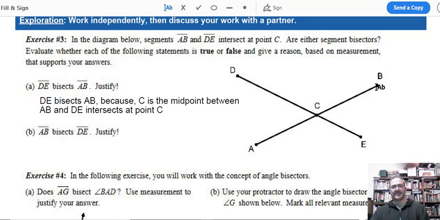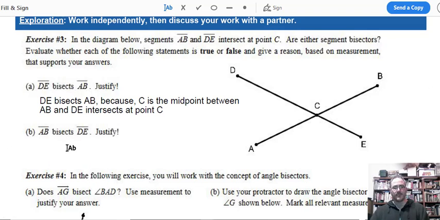DE bisects AB because C is the midpoint between AB. We confirm that with measurement. And DE intersects at point C. Therefore, DE is the segment bisector of AB.